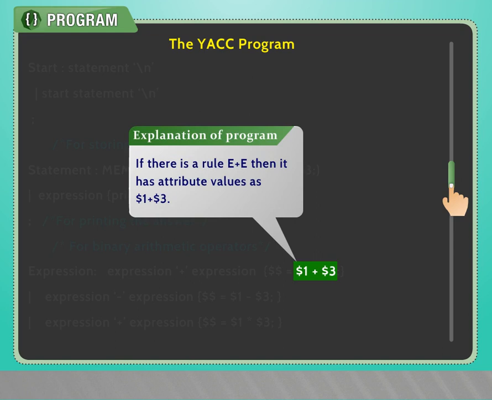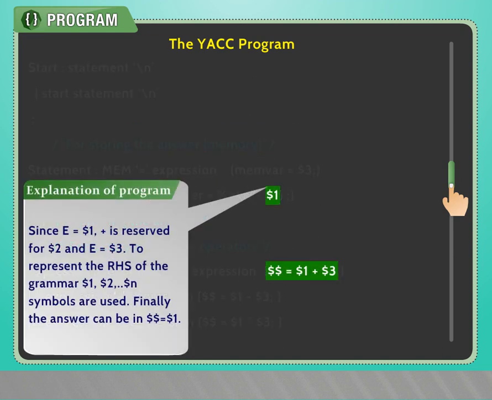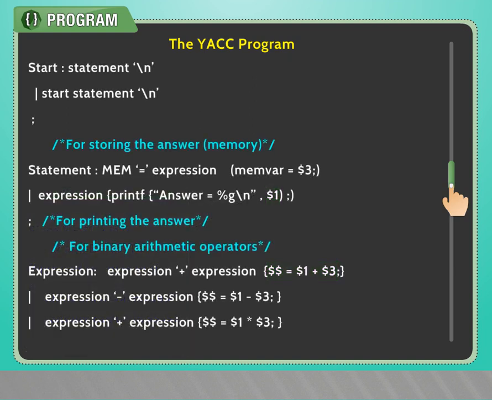If there is a rule E: E + E, then it has attribute value $1 + $3, since E is $1, plus is reserved for $2, and E is $3. To represent the RHS of the grammar, $1, $2 up to $n symbols are used. Finally, the answer can be given as $$ = $1.